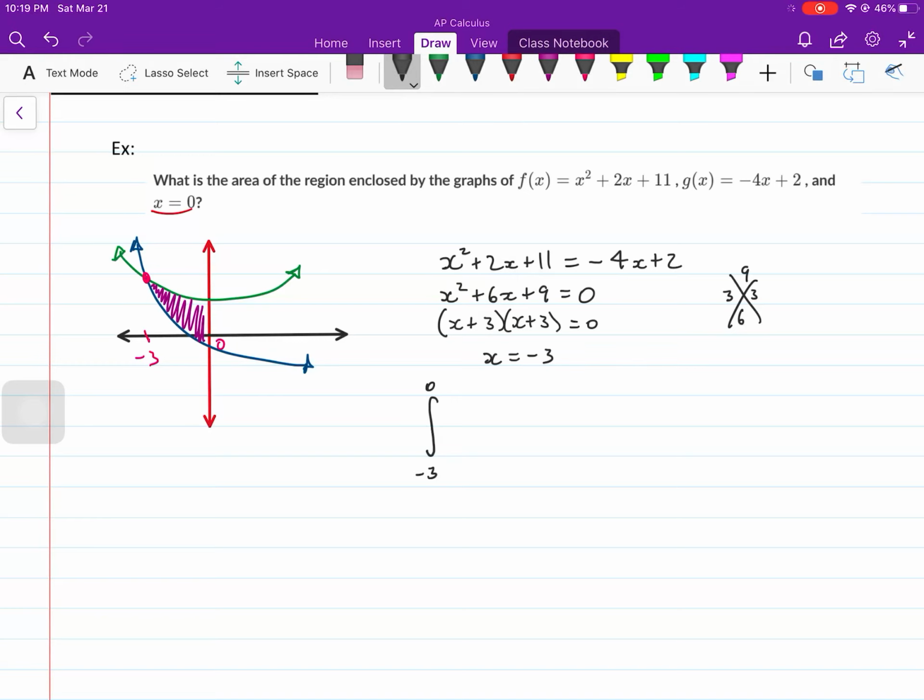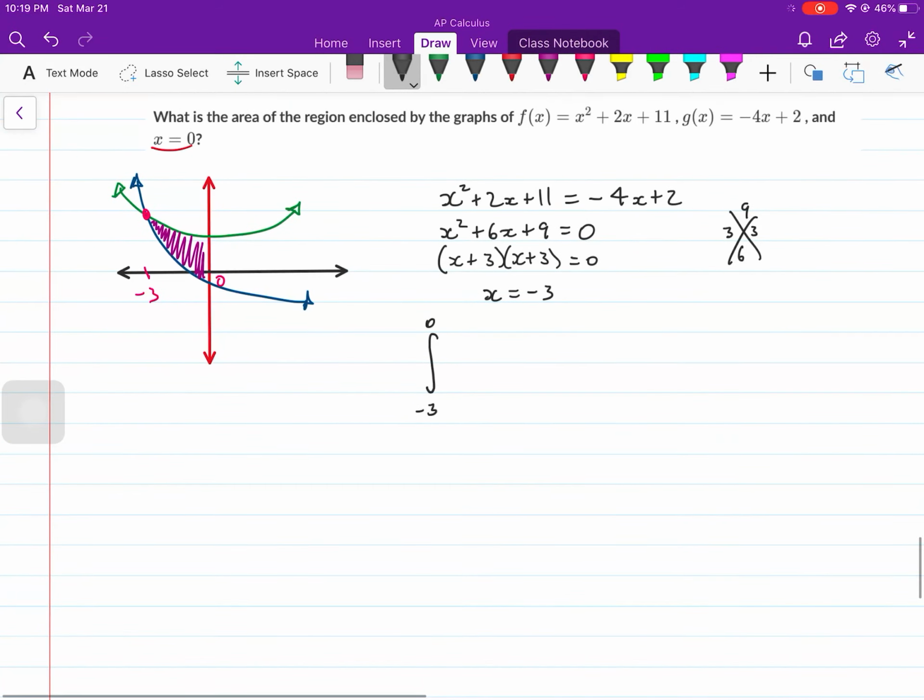Now we got to figure out which one's the top and which one's the bottom function. So let's go ahead and do a quick little interval test right here. From negative 3 to 0, what's the number between those? Let's go with negative 1. I'm going to put f of x right there, g of x right here, and we're going to test them.